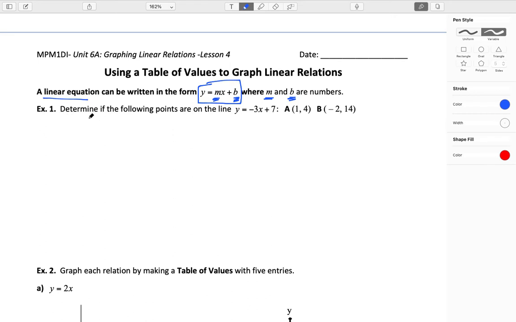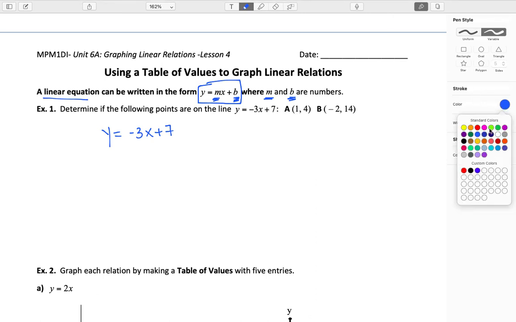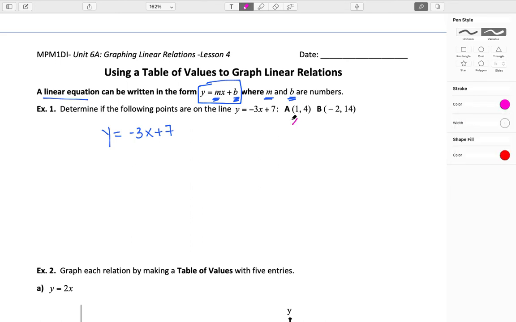So number 1, it says determine if the following points are on the line y is equal to -3x plus 7. To double check if point A is on this line, what we can do is plug in the coordinates. 1 represents x and 4 represents y. So I will be plugging in 1, 4 into the equation. Instead of writing y, I will be writing 4, and for x, I will be replacing with 1.